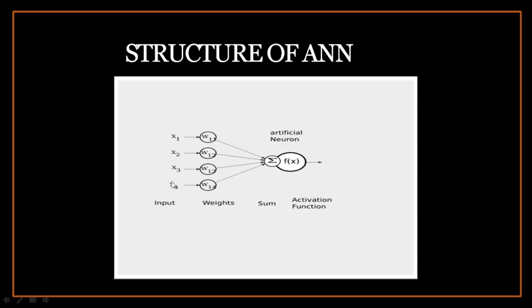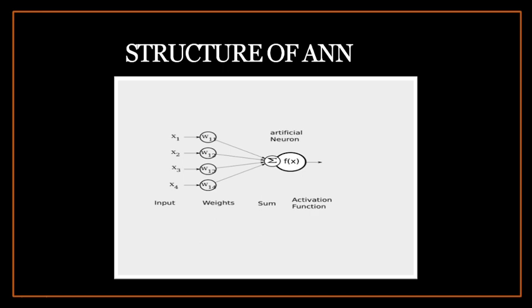If I consider the input as x and the weight as w, then the sum would be x dot w. So the sum is x1 into w1 plus x2 into w2 plus x3 into w3 plus x4 into w4. This is the sum value.